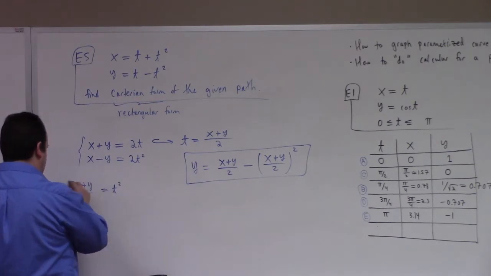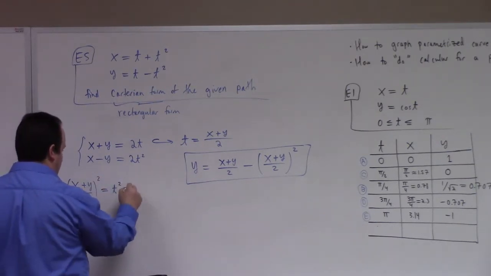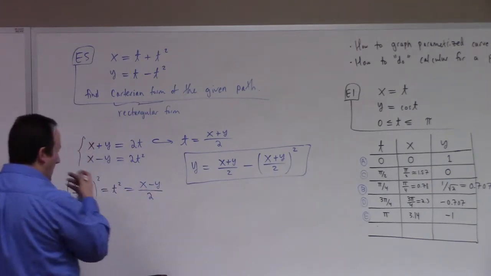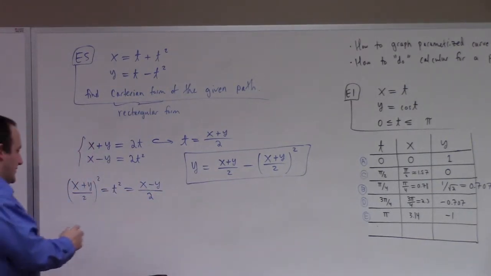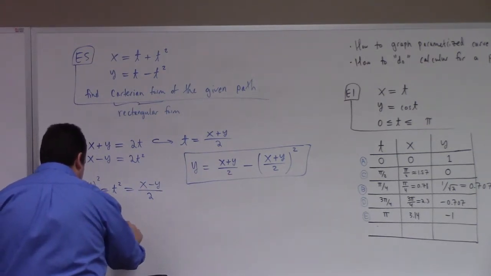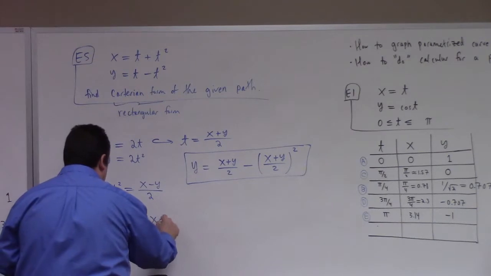So if I square it, but that's also equal to (x minus y) over 2, right? So we get this equation, if you will, x minus y is equal to 2 times (x plus y).